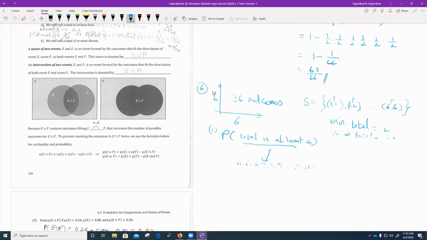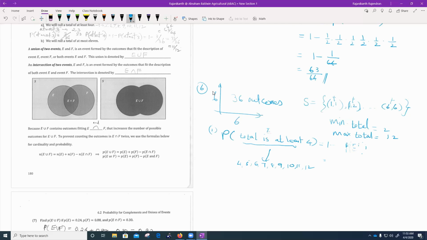So if you want to find the probability of such numbers, it's very hard for us because there are so many things we have to consider. But in that case, I'm just going to use the complement formula. The probability of event E is given by 1 minus the probability of E prime, right? So what is that E prime then?